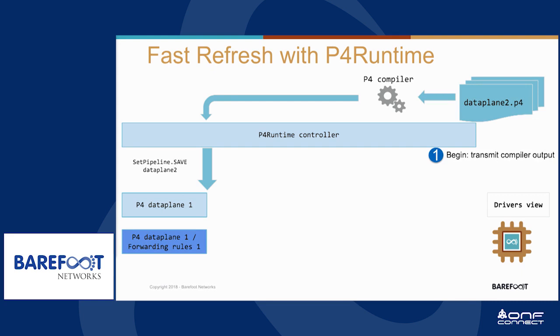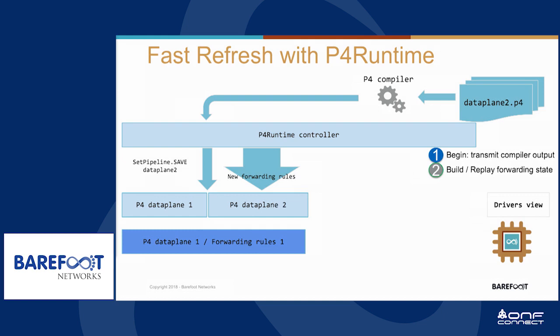You do a P4Runtime SetForwardingPipelineConfig RPC call, which pushes the output of the P4C compiler for your new data plane, which I show in the top right corner as data plane 2.p4. At this point, your drivers start accepting new flow rules for your new P4 program. But at the same time, your ASIC keeps processing packets with your old P4 program and your old set of forwarding rules. So as I said before, no traffic interruption.